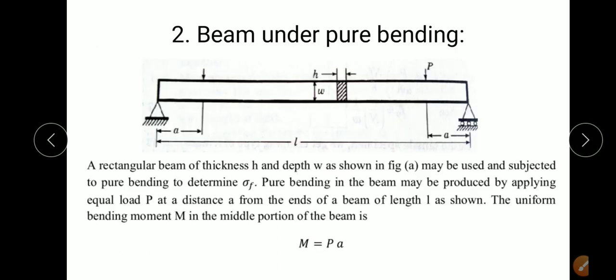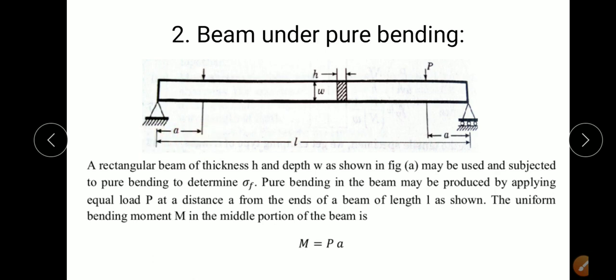Next we move on to the beam under pure bending. Here we are going to consider a beam element. See this beam element, which has a depth W and width H. You are going to apply a 4-point bending, so there are two loads at a distance A from the supports.